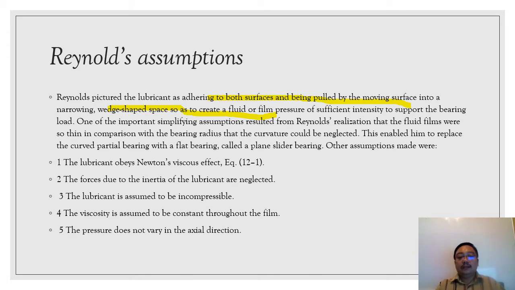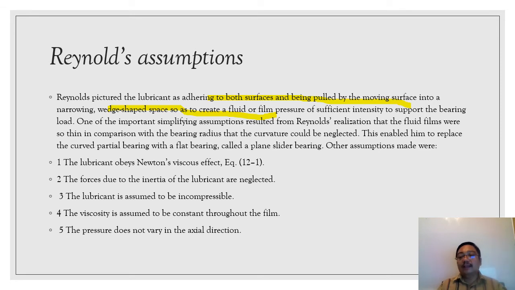Okay, Newtonian effect, meaning that it is flowing smoothly. Forces due to inertia in the lubricant are neglected. However, in reality, when it is moving, there is always force, but we assume it can be neglected. Okay, lubricant is assumed to be incompressible.